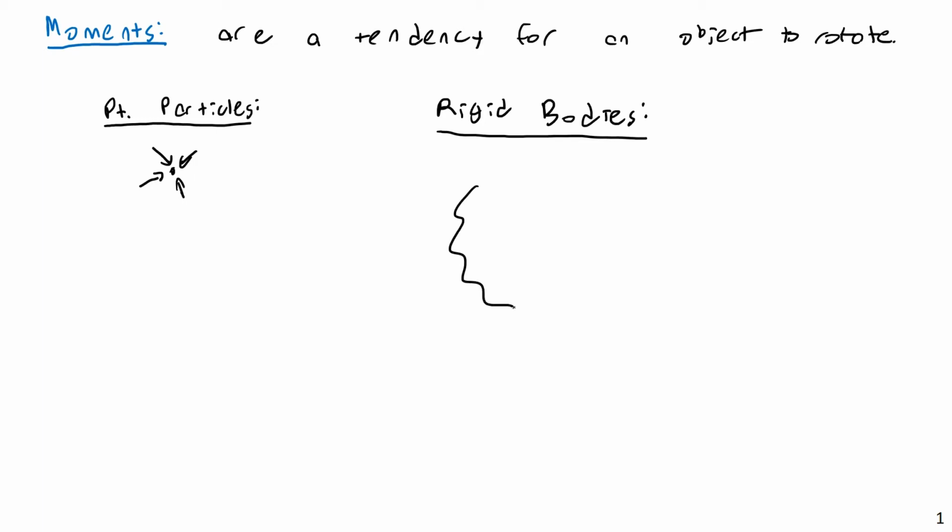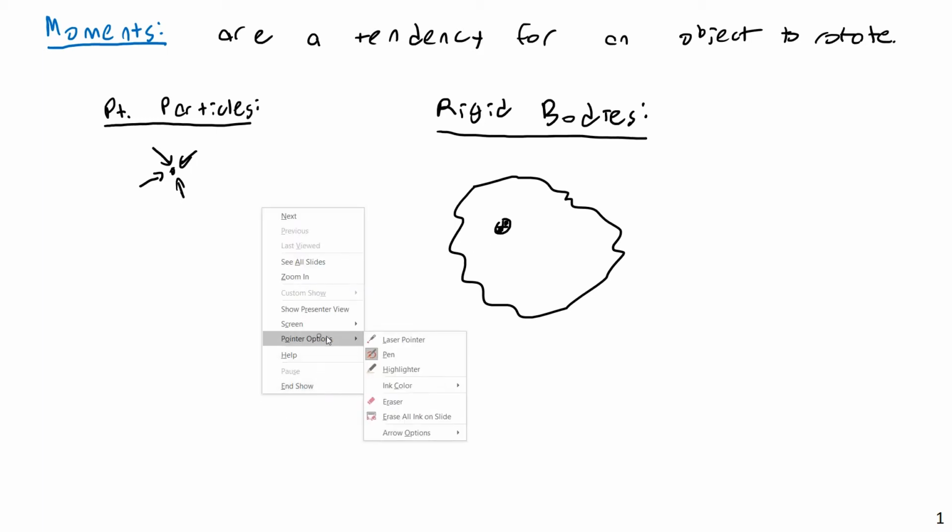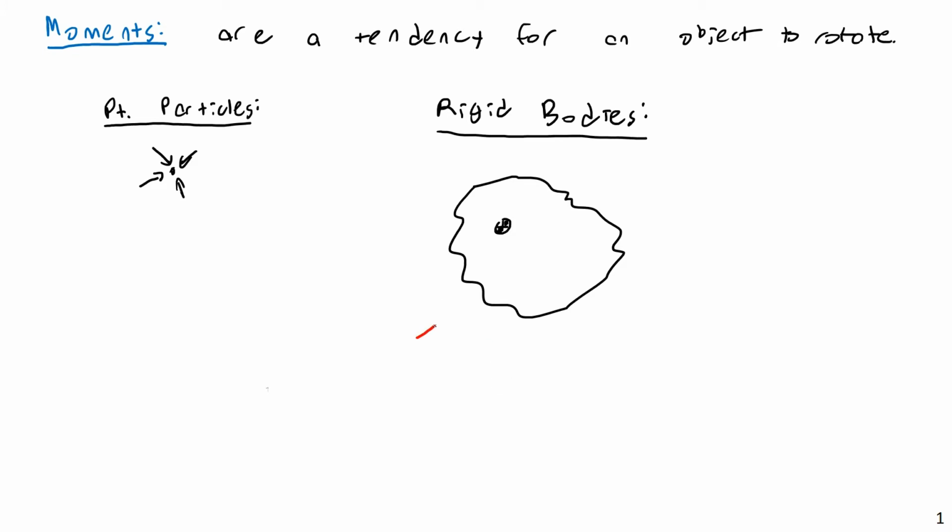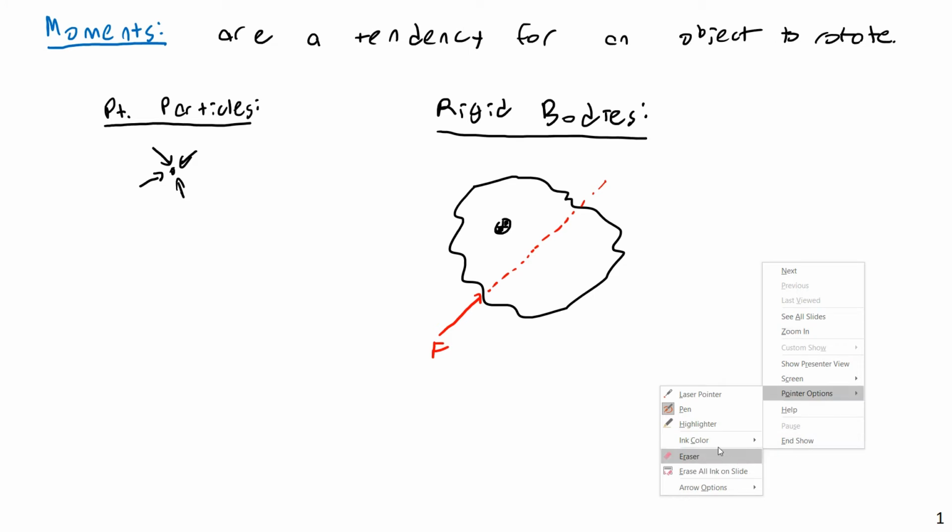If you have a generic rigid body with a center of mass at some location, and we apply a force to it here, with a certain line of action, this is going to do two things to this object.